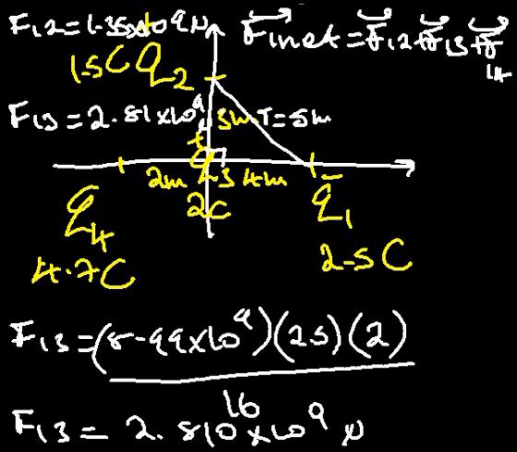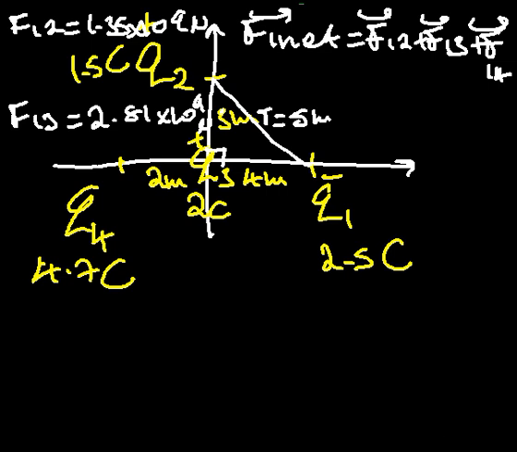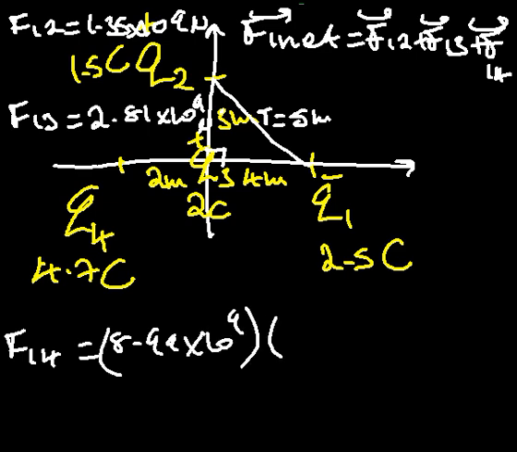And let's go ahead and calculate F14. I should say F14, not 3. So F14, the principle remains the same. That is 8.99 times 10 to the power 9. And what is the charge?